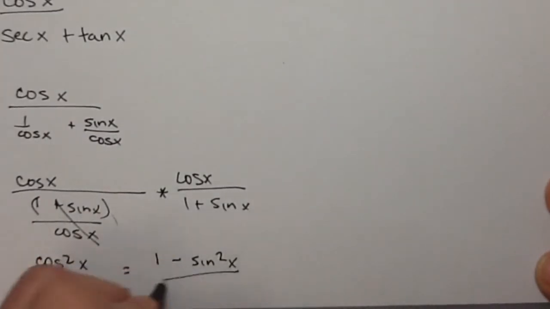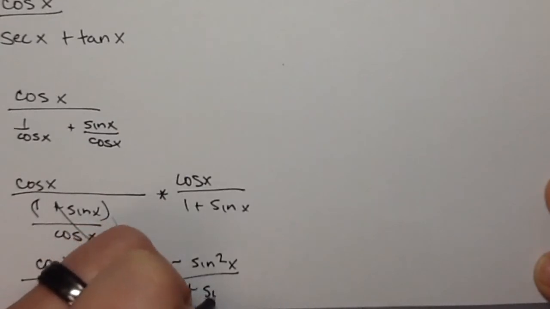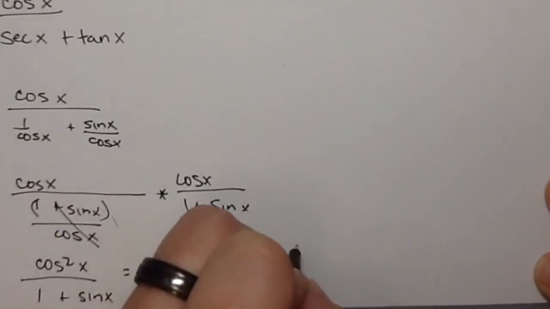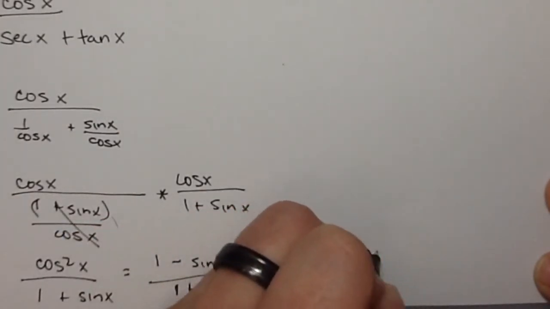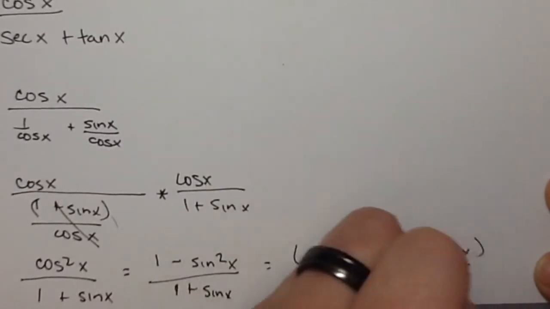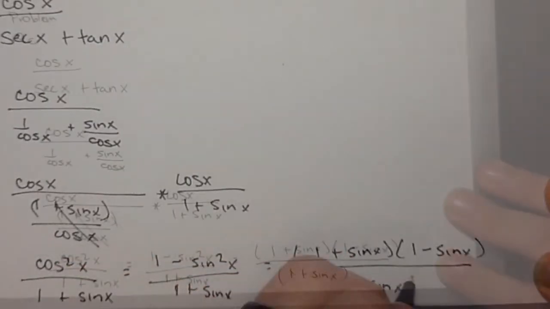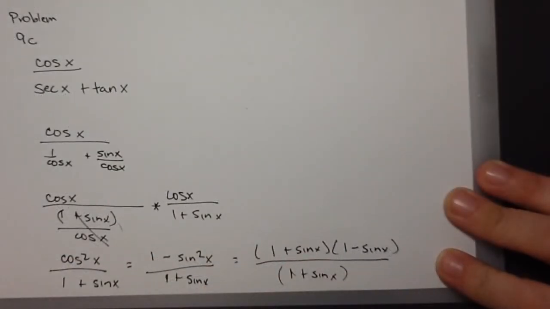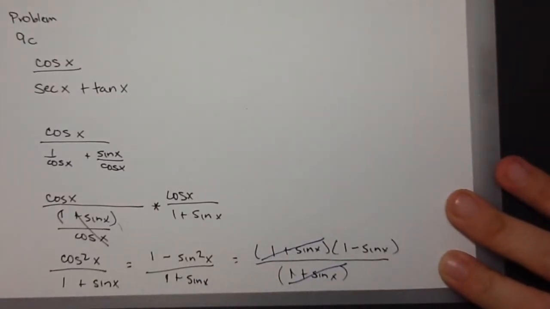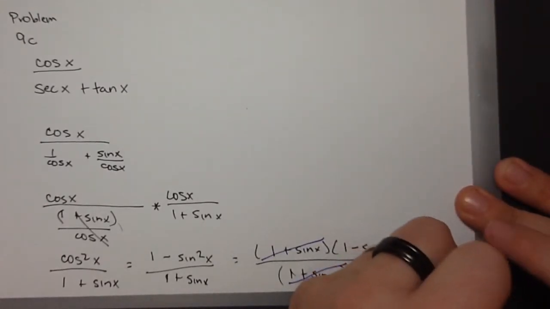Okay? But this is the difference of perfect squares. So it can be factored into 1 plus sine x times 1 minus sine x all over 1 plus sine x. And this factor cancels. So problem 9c simplifies to 1 minus sine x.